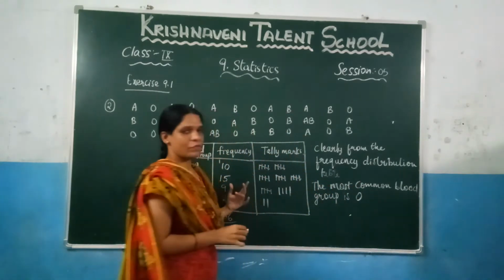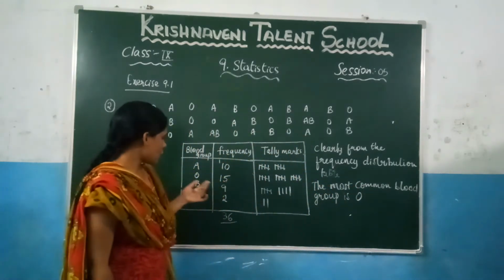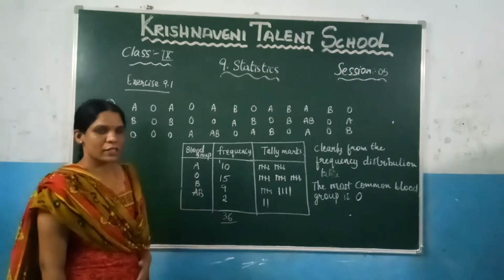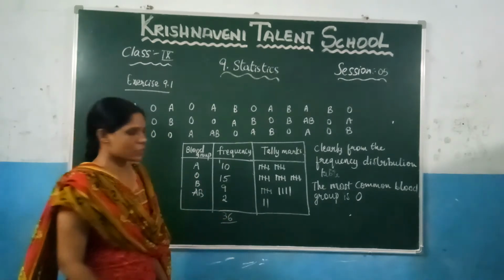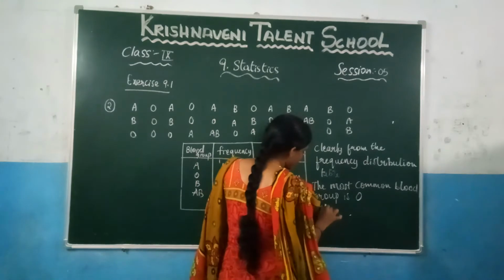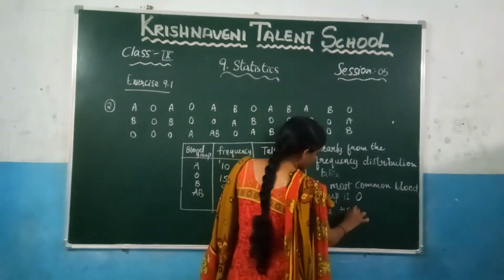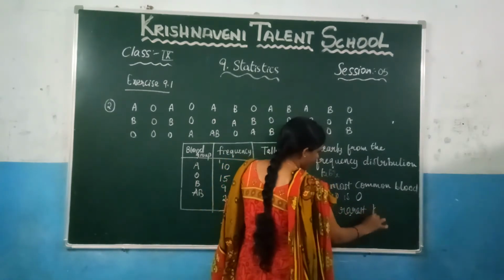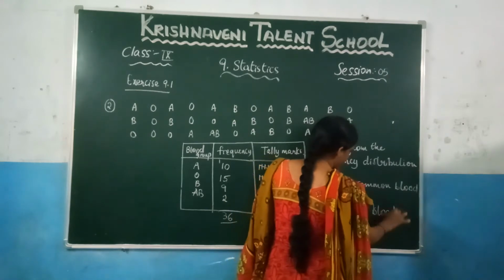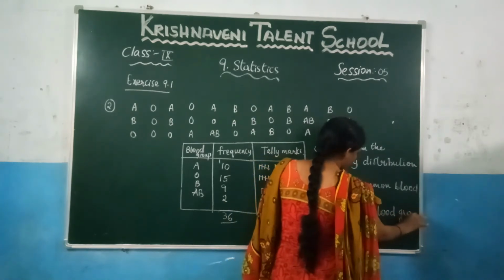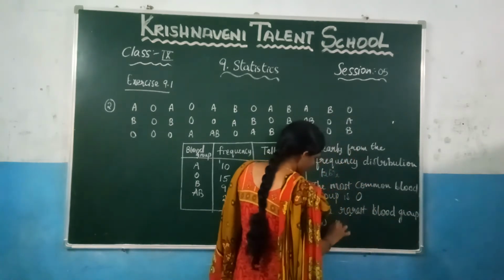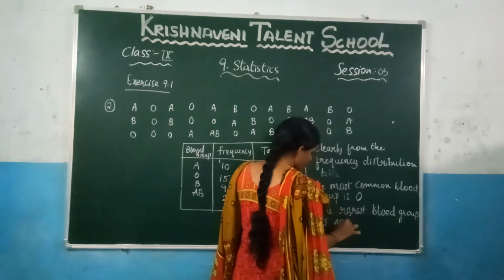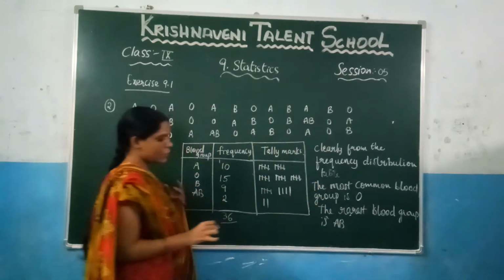So clearly 15 students are having the O. So we can say that the most common blood group is O. Now let us write it here, the rarest blood group is AB. Because only 2 students are there who are having the blood group AB.